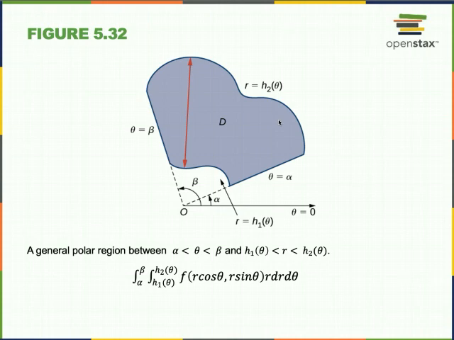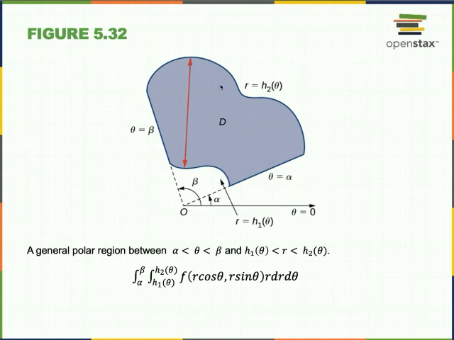So this is kind of like a type 1 region for polar coordinates, okay? By the way, there's not going to usually be a type 2 region for polar coordinates, because usually we go r is a function of theta, right? Not vice versa.